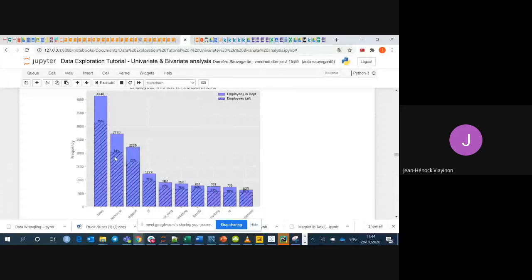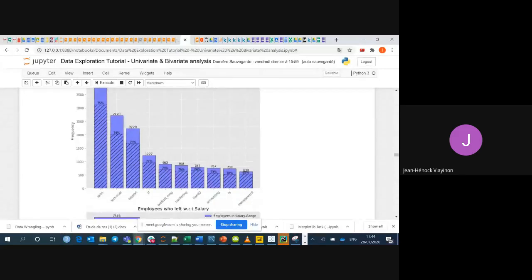And the management department just covers about 630 employees here, and from those, about 85% left. This is huge when we look at the relative frequencies. This is a lot. So what is happening there? We could just be asking some questions.